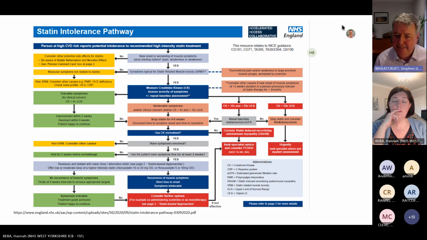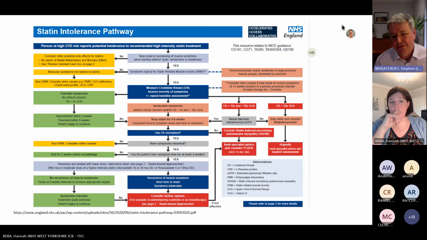Are they having typical symptoms of statin-related muscle dysfunction, which is symmetrical pain, so bilateral pain and weakness in the large proximal muscle groups, which gets worse with physical activities? And if they have that kind of potential side effect, we should check their creatine kinase levels and act accordingly.